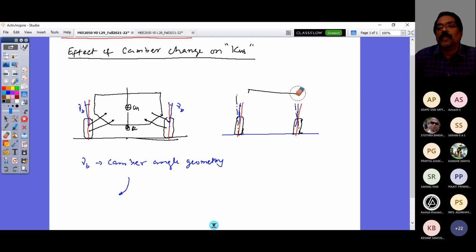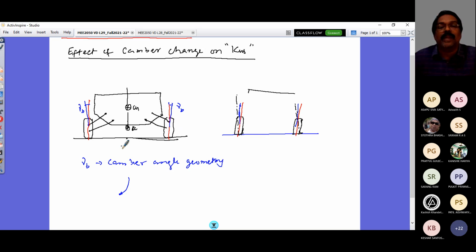You understood what's happening here: you look at the inclination of the wheel plane to the vertical, which we define as camber angle when it goes straight. Because the vertical line and the body vertical line are parallel. The red line here and the body vertical axis are parallel here.